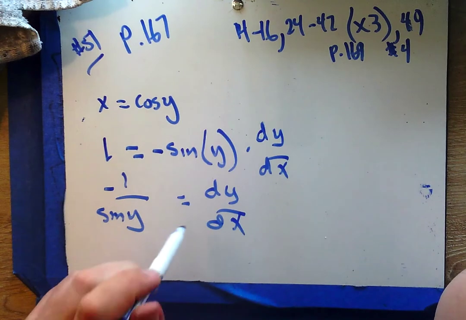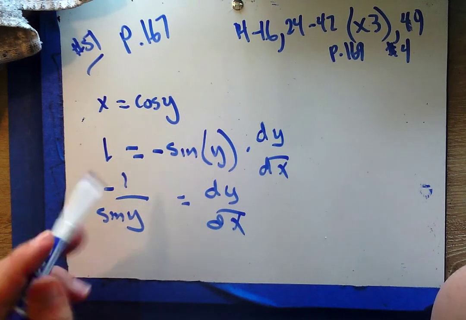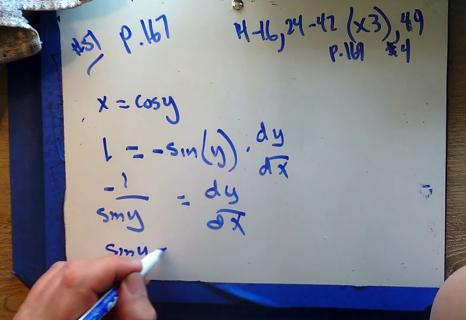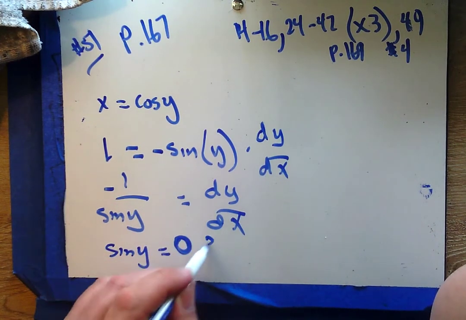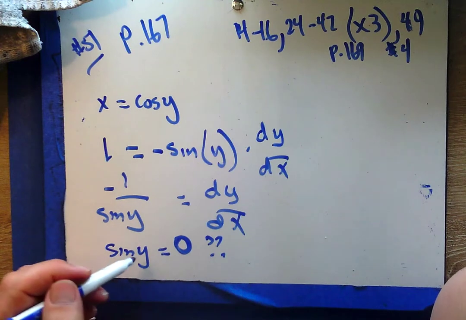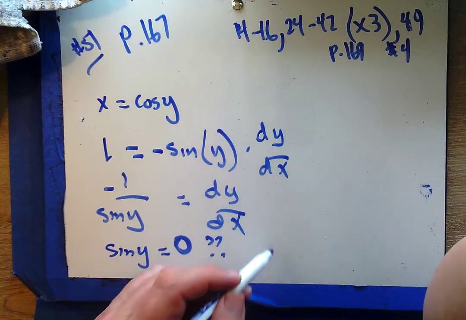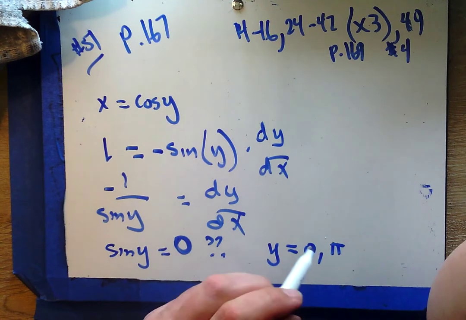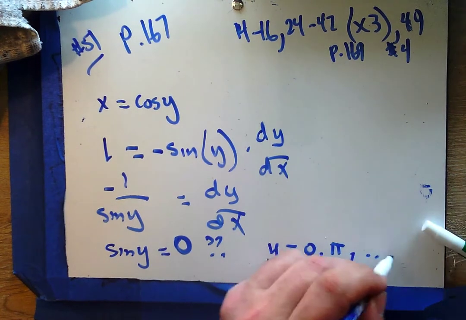So I want to know when this thing is undefined. Well, this thing is undefined when the denominator is 0. So when is sine of y equal to 0? Well, we know that sine of y equals 0 when y equals 0 or pi, and this is going to keep going, isn't it?